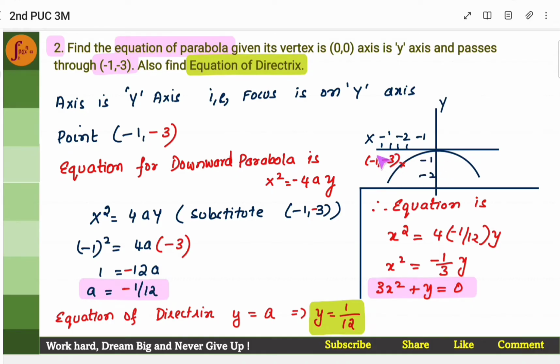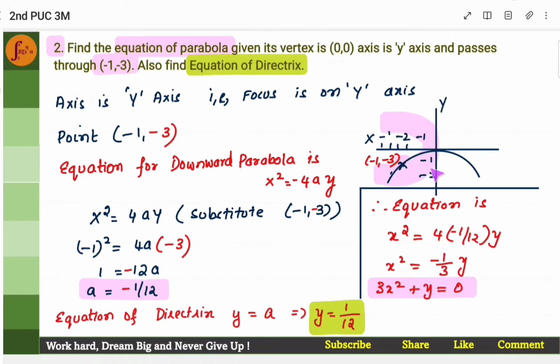Both the coordinates are negative, so the point is somewhere here. The parabola passes through this point, which means it is either a downward parabola or a left-handed parabola, because even a left-handed parabola like this can pass through this point, and so can the downward one.